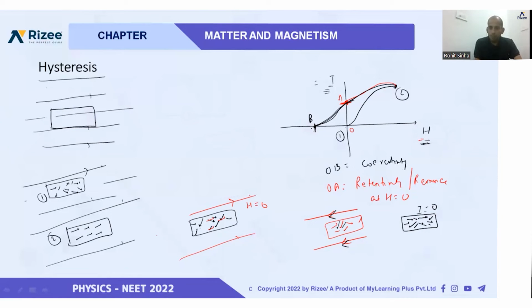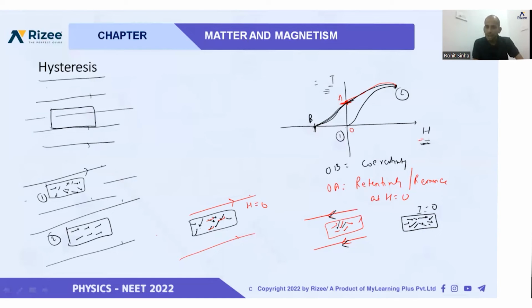That is the point where we have applied a negative magnetic intensity and we got the intensity of magnetization as 0.